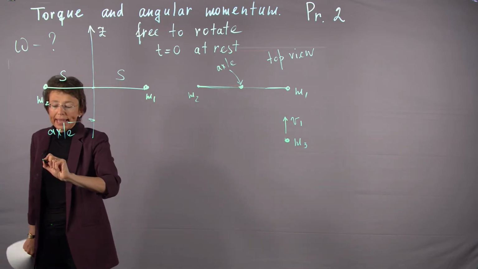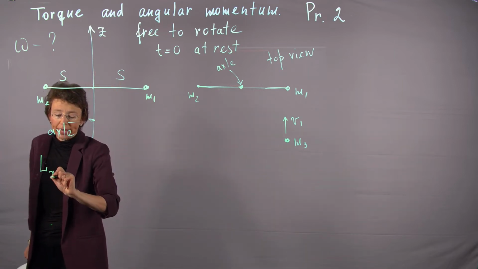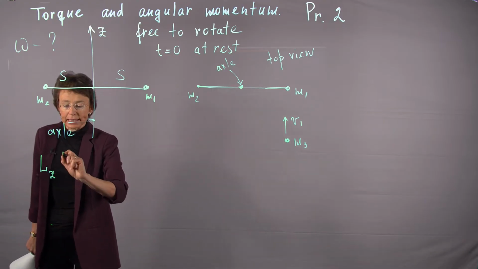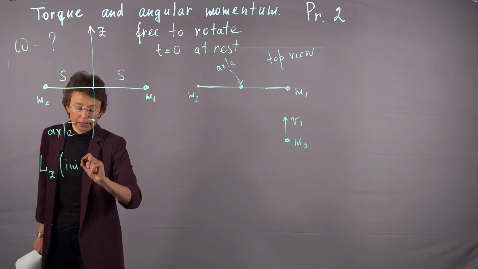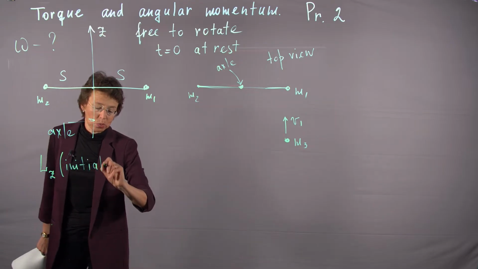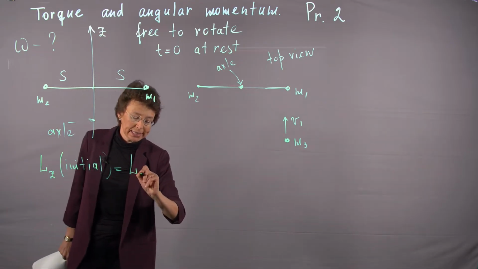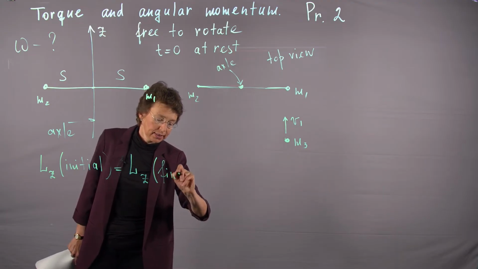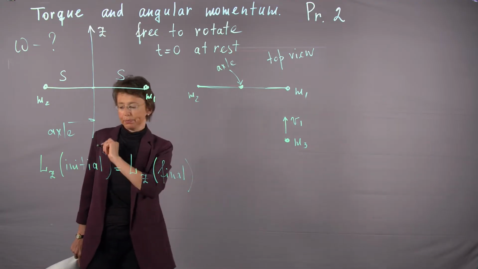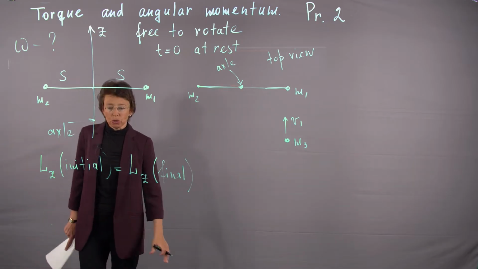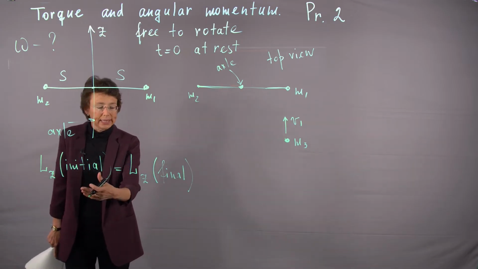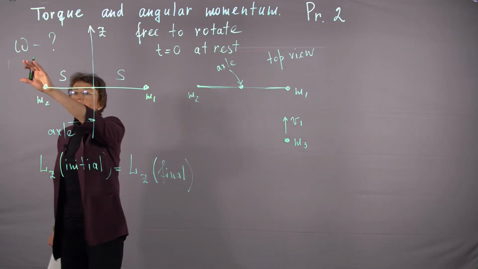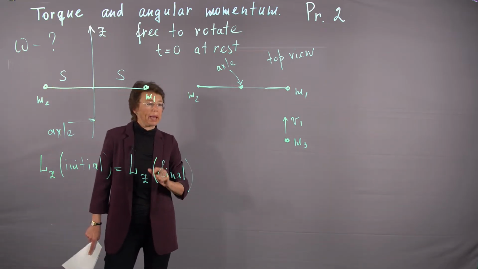This means that the z component of angular momentum is conserved. Lz initial is equal to Lz final. All we need to do is figure out what Lz initial is, what Lz final is, and solve for omega.